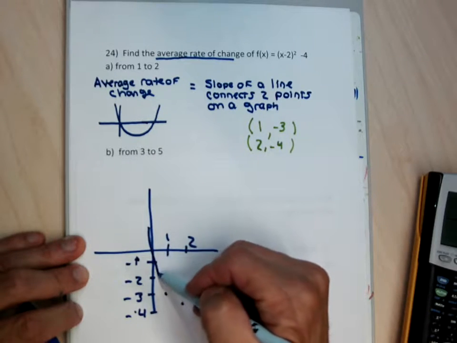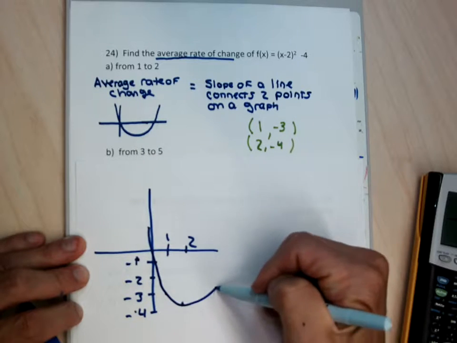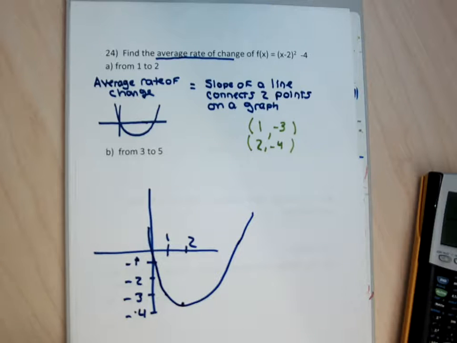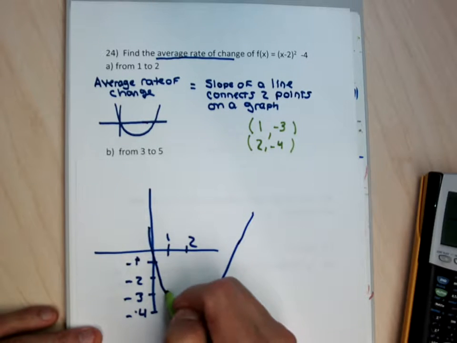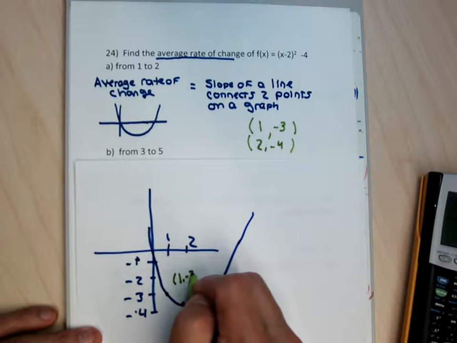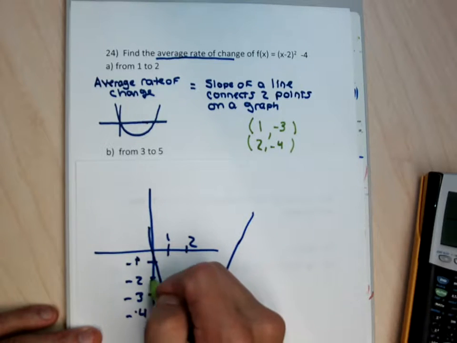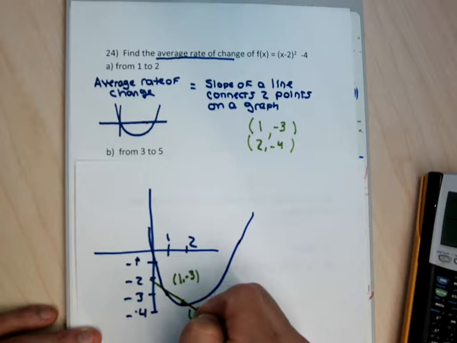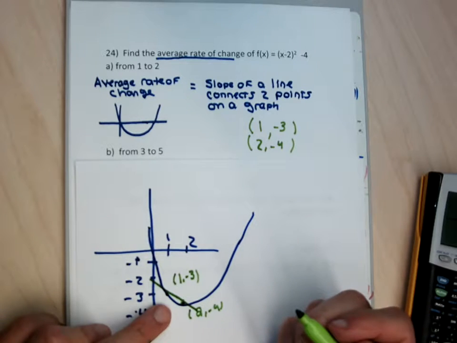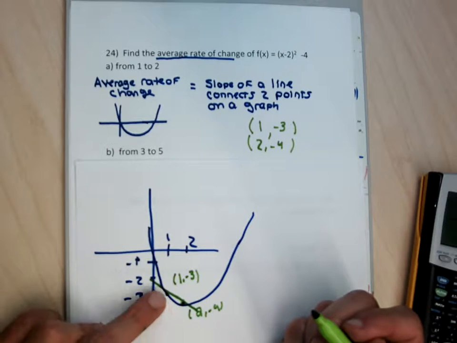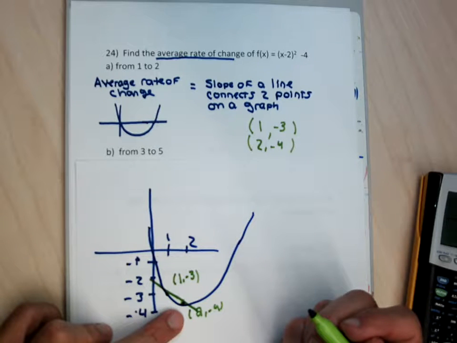What I'm asked to do here is find the slope of the line that connects the point 1, negative 3 to the point 2, negative 4. My answer is going to be whatever the slope of that line is. The best I can tell you right now is that my answer should be negative because that line appears to have a negative slope. So to do problem 24a, I need to figure out the slope of this line.